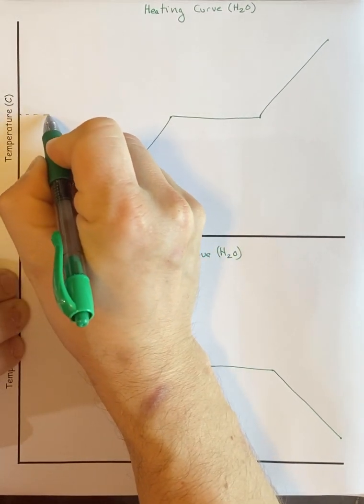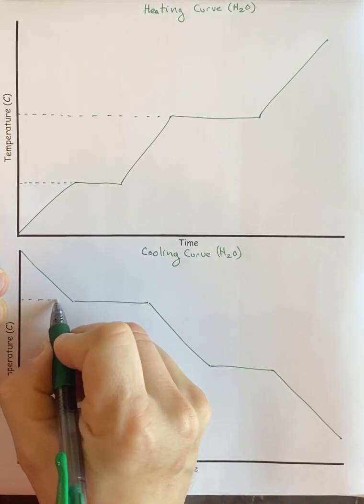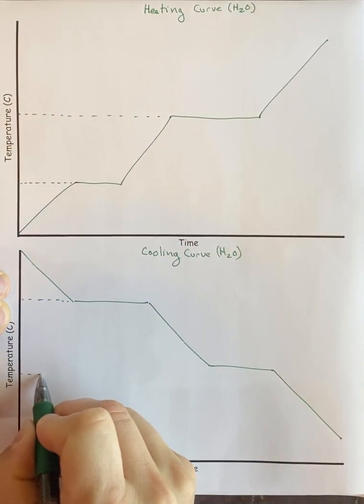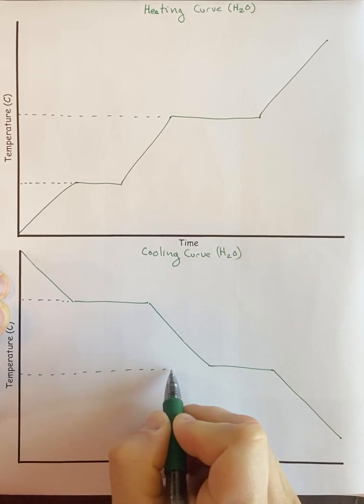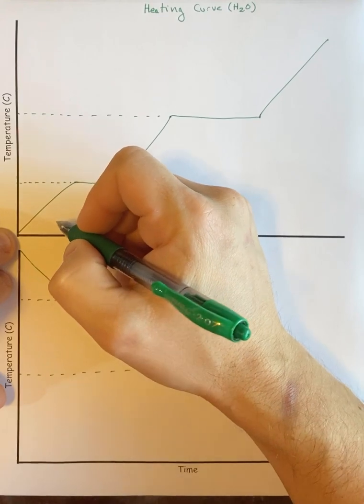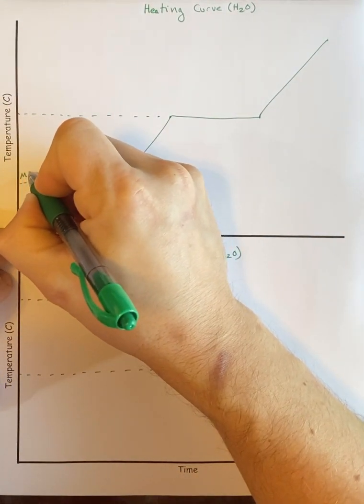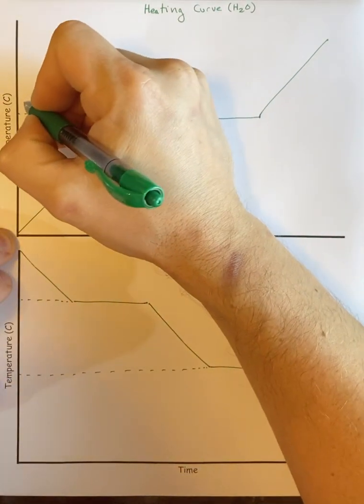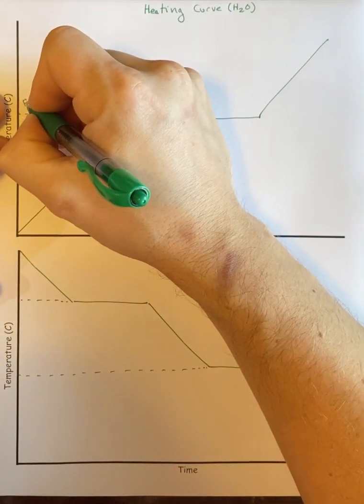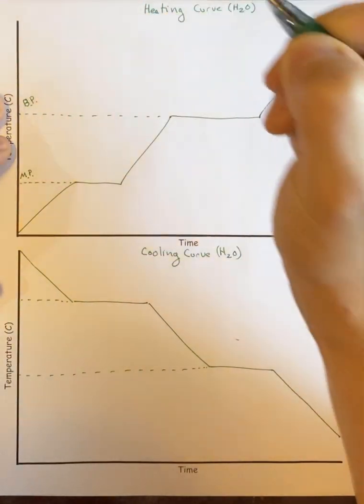All right, so now if we think about what's going on, for the heating curve, the first flat part is going to represent the melting point, and then the second one would be the boiling point.